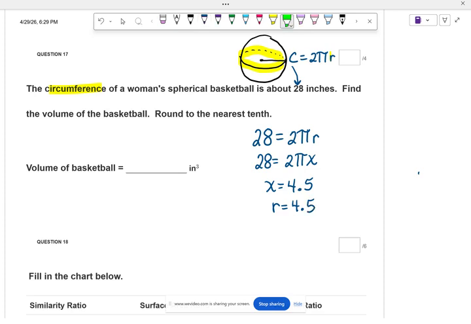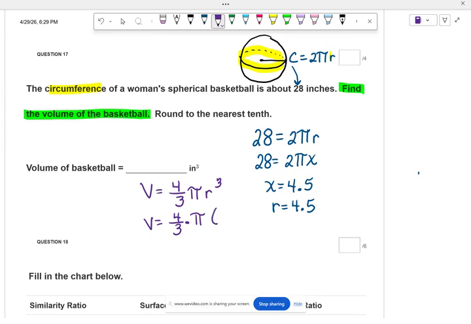Now, for the final answer, they want us to find the volume of the basketball. So go look up your volume formula. That would be 4/3 pi r cubed. All right, let's go type all that in Desmos. 4/3 times pi times 4.5 cubed is equal to 381.70 inches.